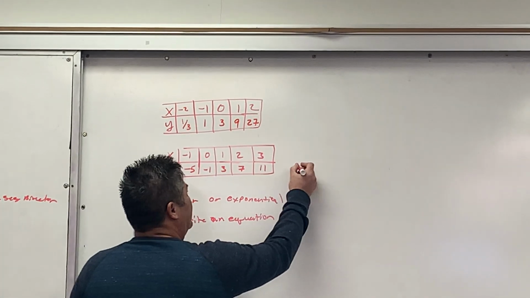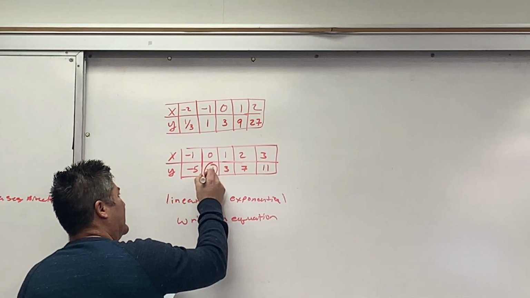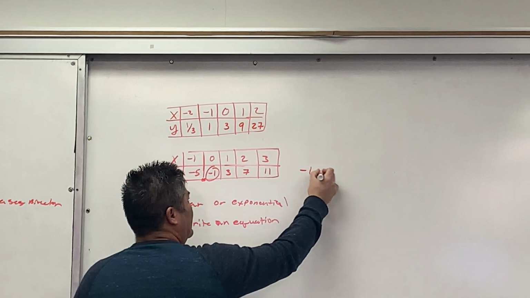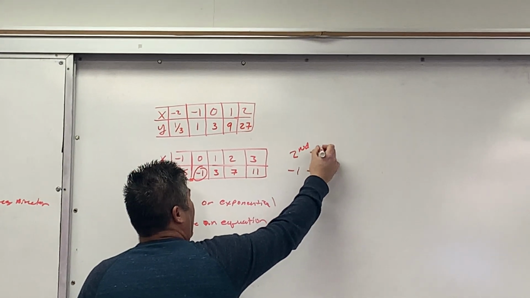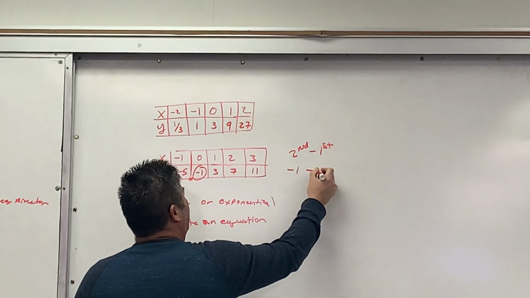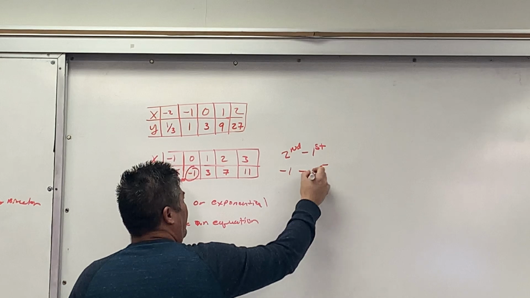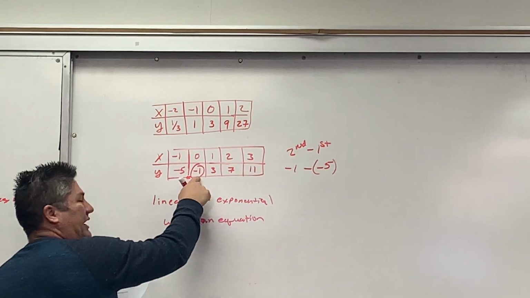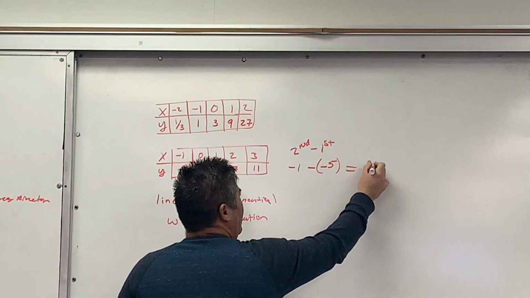All you need to do is take the second and subtract the first, and you will see. So this is what should go in your notes: second, subtract first is how you tell if it's linear. So if I go -1 minus -5, second subtract first, I get what? 4.